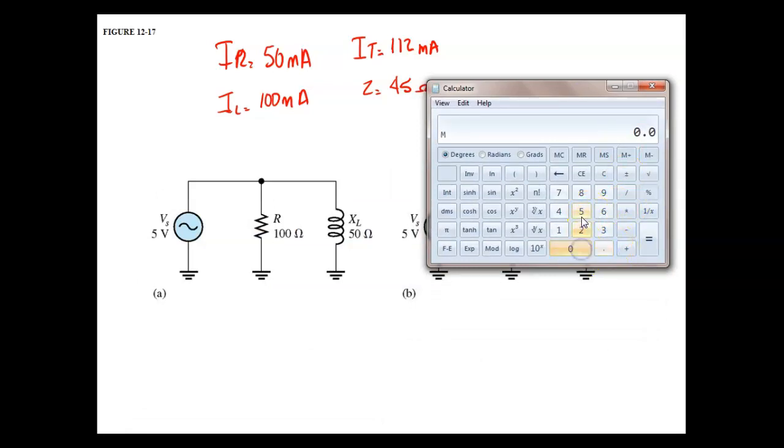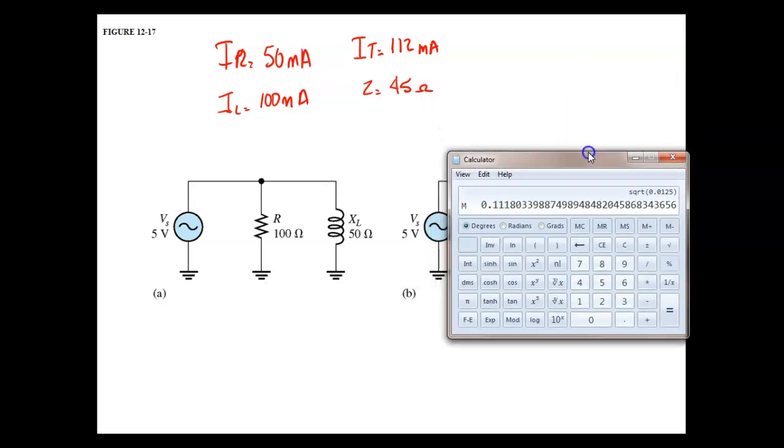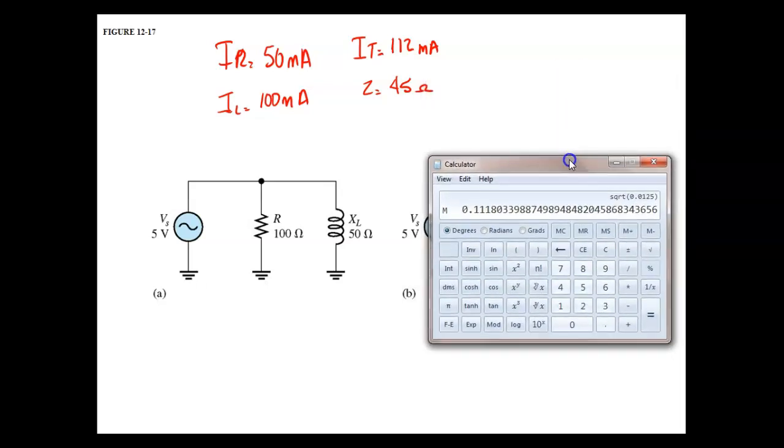So 0.05 squared plus 0.1 squared, then the square root, equals 112 milliamps. Okay, Quinton, you see what you did?